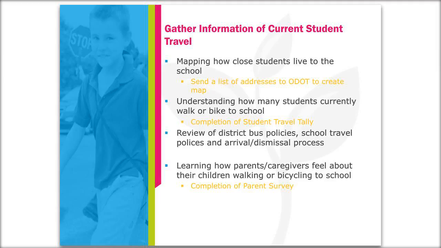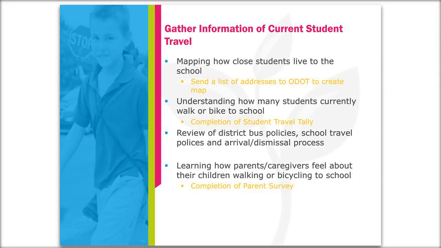Some of the other information you might want to gather at this point includes, have there been any specific safety incidents or concerns relative to students walking or bicycling to school in recent history? You can get traffic crash information from the ODOT Safe Routes to School website.